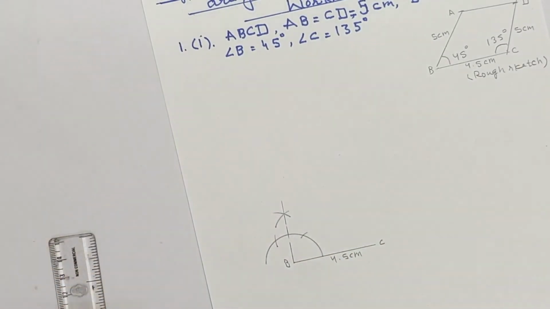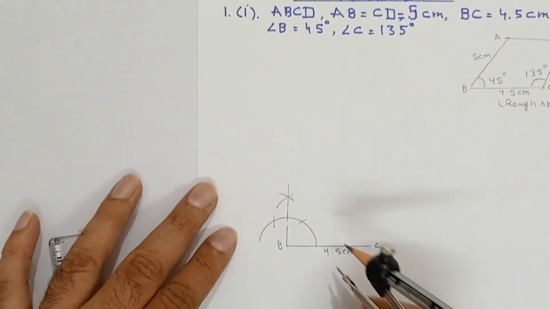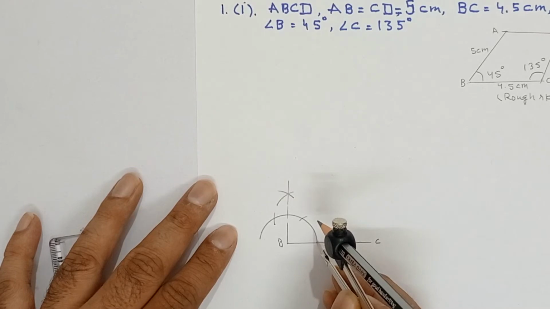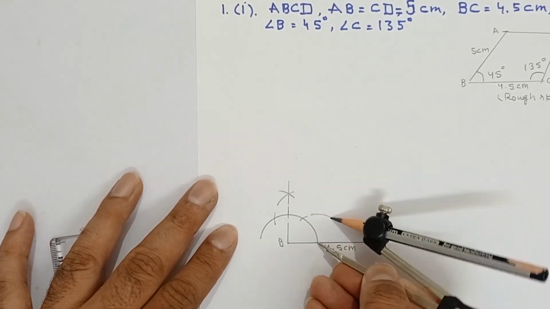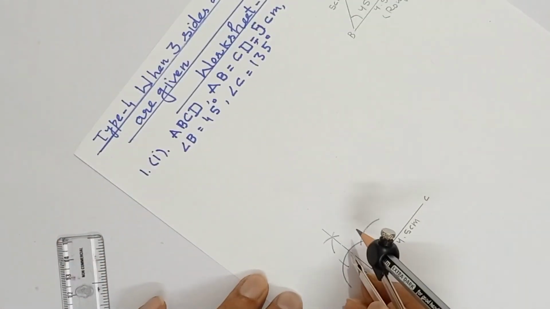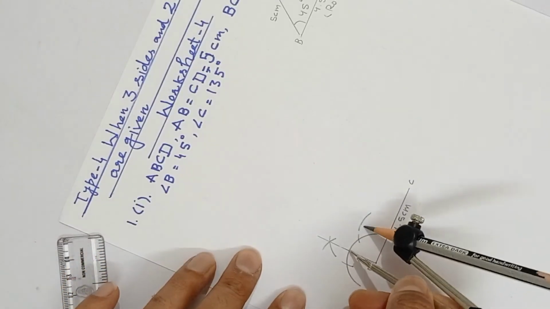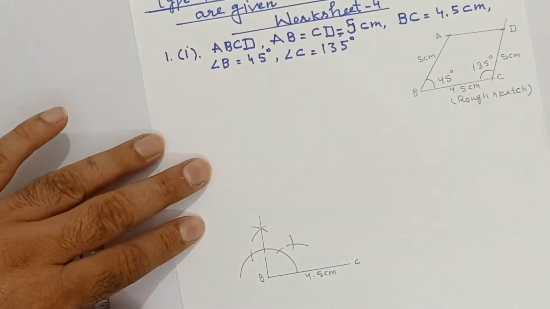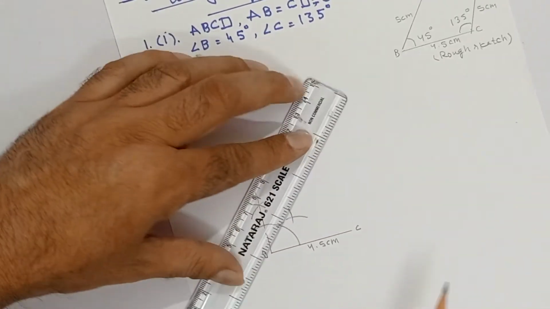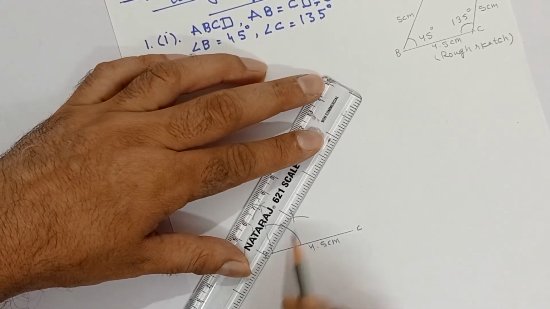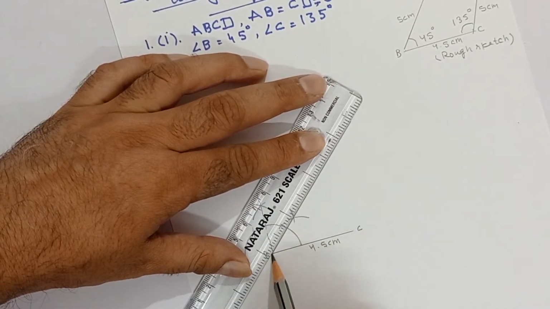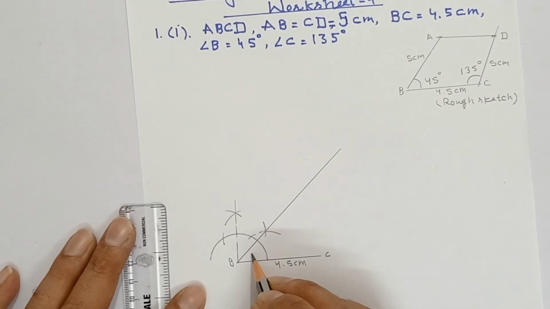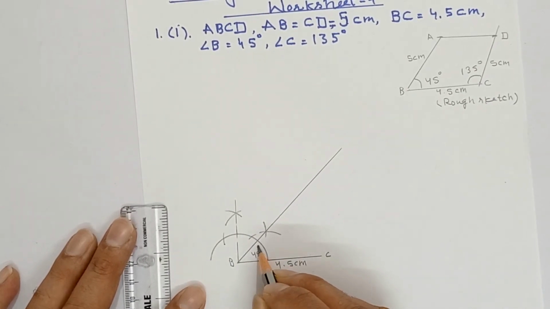Now for 45 degree, 0 and 90 are to be bisected. Keep the compass here, one arc, and keep the compass tip on 90, another arc. You need to extend it. This is 45 degree angle, right?